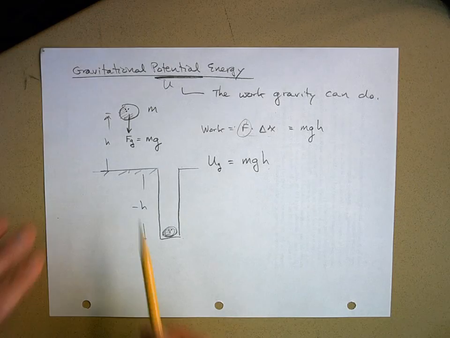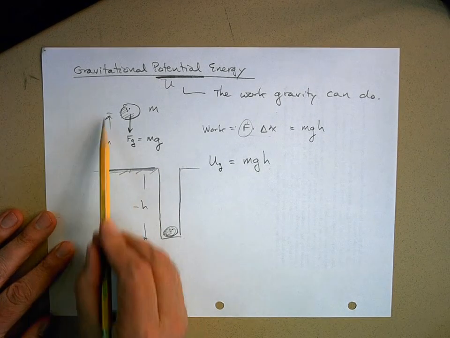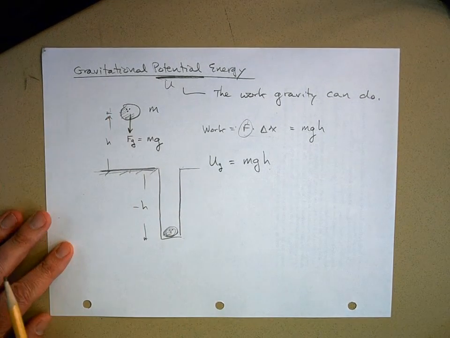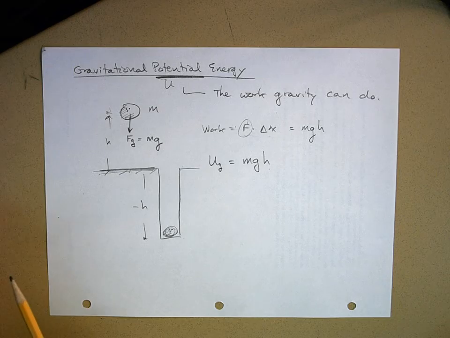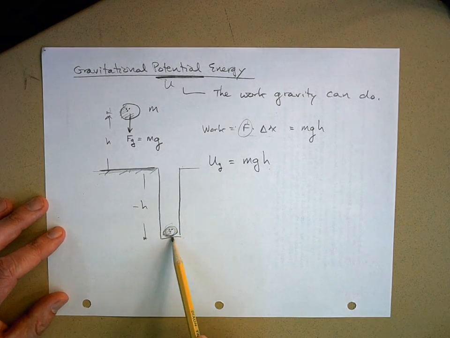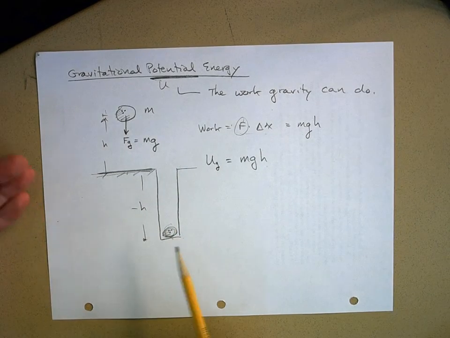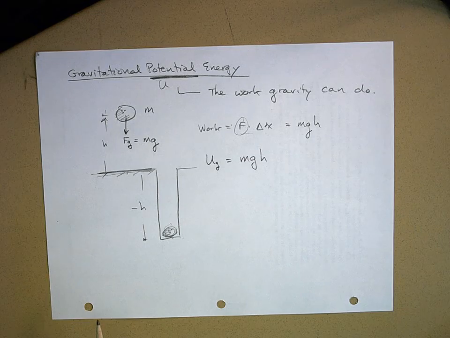You measure height from here, well, this height is above the ground, so you have positive gravitational potential energy. But here, the bowling ball is below ground, so you're going to have negative gravitational potential energy. So unlike kinetic energy, which is always positive, gravitational potential energy can be negative.